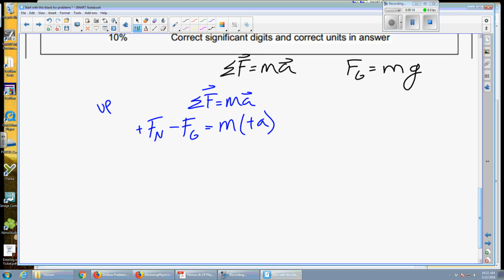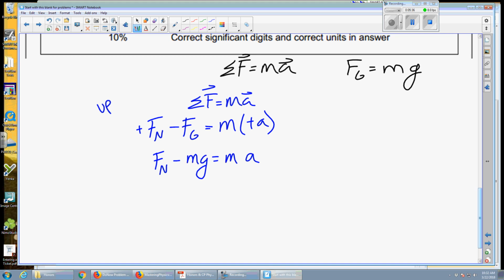Right? So, force normal minus mg, substituting in, equals ma. Oh, I know force normal. Oh, and I know mg.